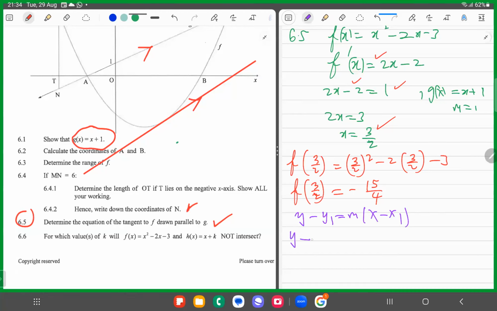So y minus, what is the y? So you put minus 15 over 4. The slope of the tangent, because it's parallel to g, and g has gradient 1, so you put 1 here, into x minus x1. What is x1? It is 3 over 2. So what is the answer?